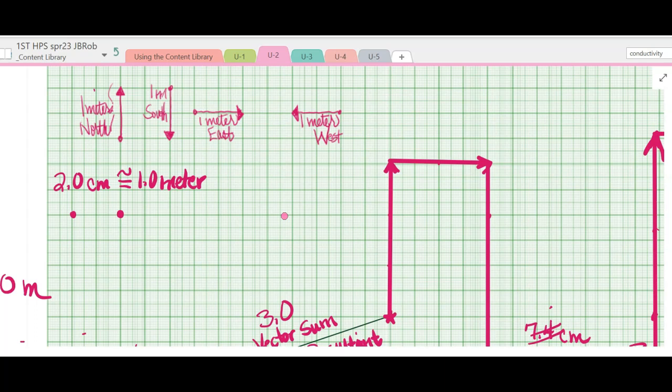You just need to figure out how many centimeters. Measure the number of centimeters on your graph. And that's how you would get the scale right. Now, if that doesn't seem easy, it's probably not.